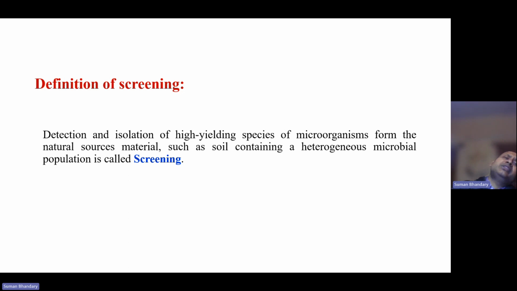Screening can be defined as the use of highly selective procedures to allow the detection and isolation of high yielding species of microorganism of our interest from among a large microbial population.